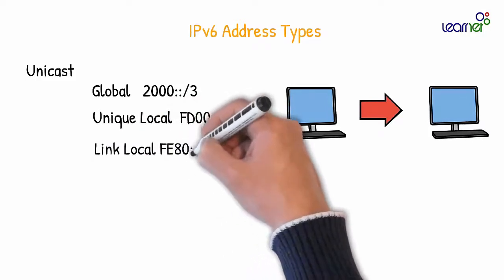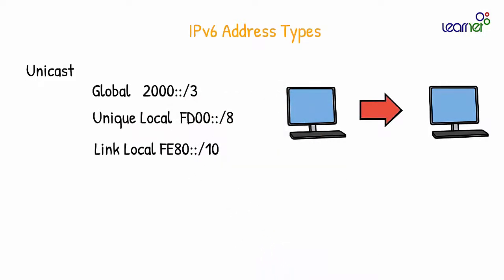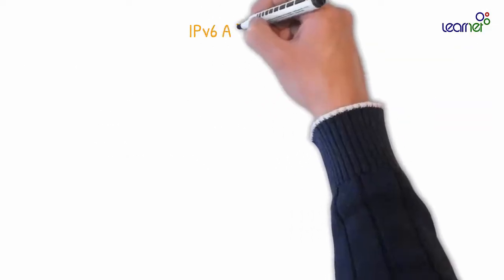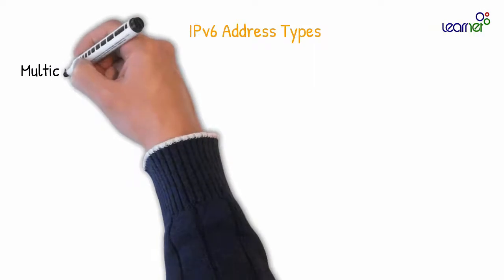Link local addresses are the addresses that are assigned automatically to your hosts as soon as you enable the IP version 6 stack on the host. This address is only usable inside your networks, and it cannot go beyond the routers. And the range is FE80::/10. The next address type is multicast addresses.